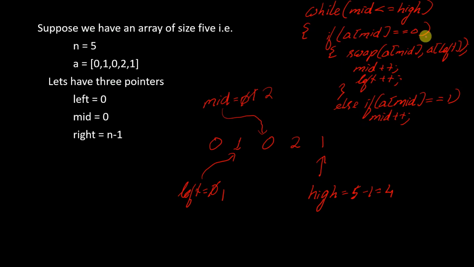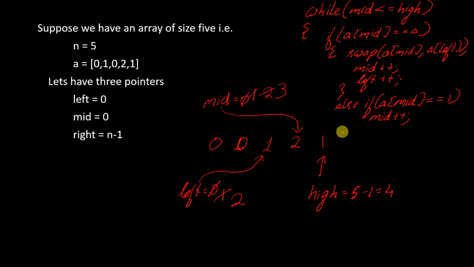So we swap array of mid and array of left. After swapping, it becomes 0 and it becomes 1. Now we update mid, so mid becomes 3, and we update left, so left becomes 2. Now left points toward this and mid points toward this.